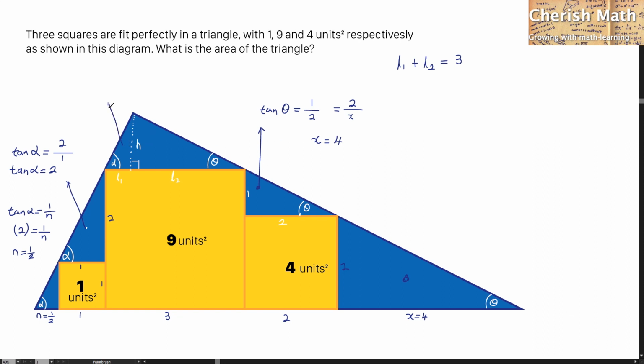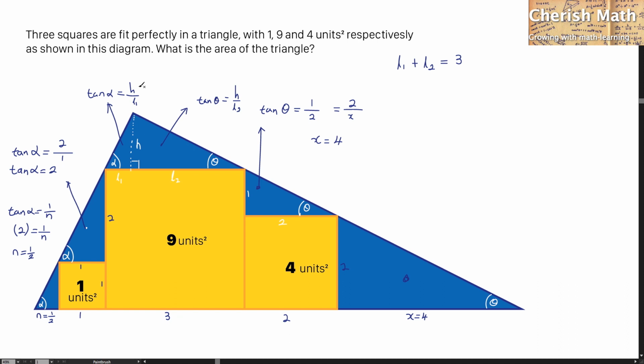Let's assign the height of this white line as h. Taking this triangle, tan alpha is equal to h divided by L1. And taking this triangle, tan theta is equal to h divided by L2.